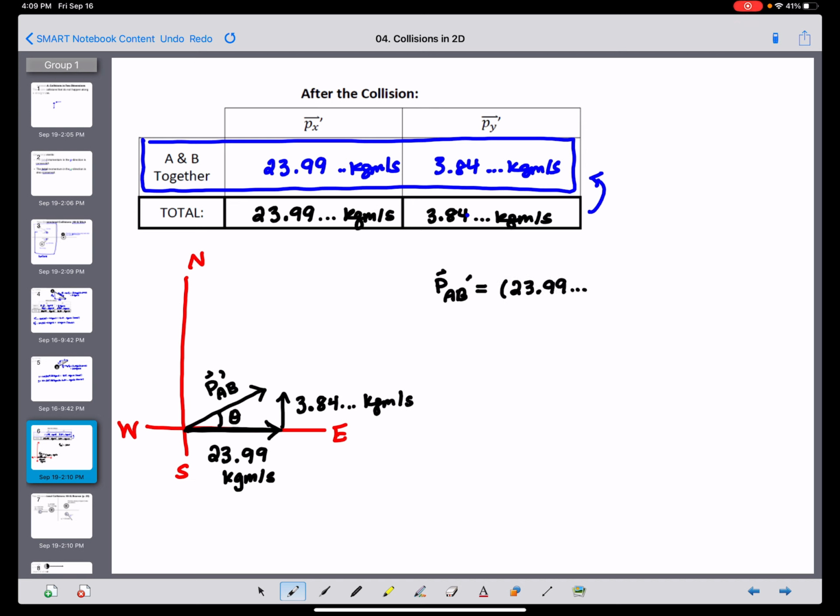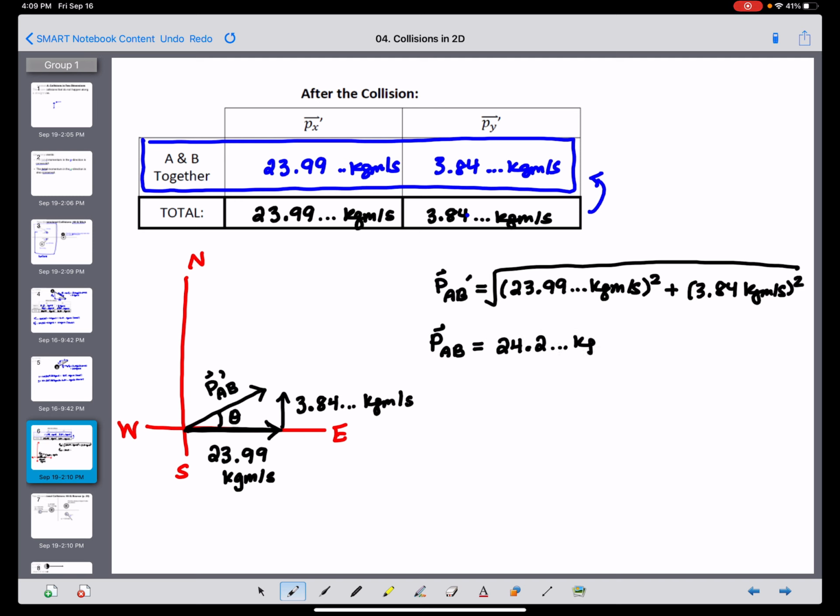So 23.99 kilogram meters per second squared plus 3.84 kilogram meters per second squared, all under a square root. When you calculate that, you should be getting approximately 24.2 kilogram meters per second.